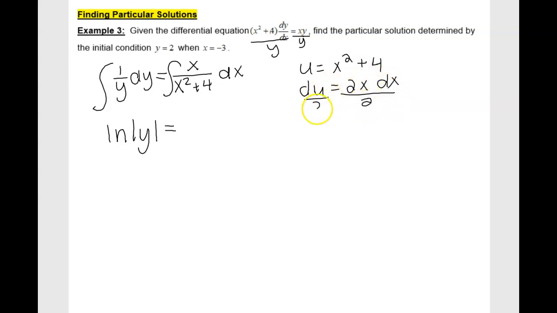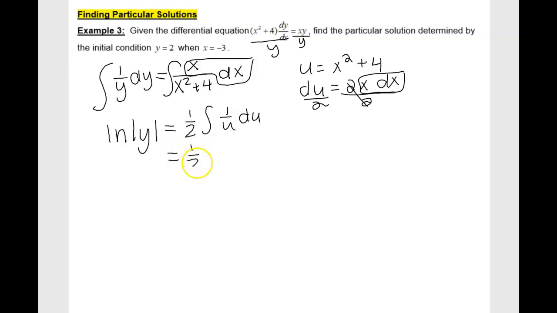Divide everything by 2, I get x dx. And u is x squared plus 4. So I have 1/2 the integral of 1 over u du. So this also becomes an ln.